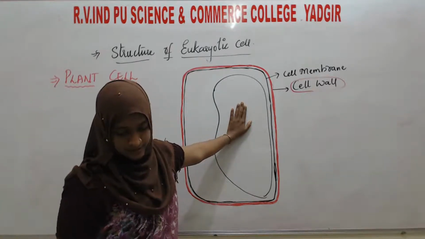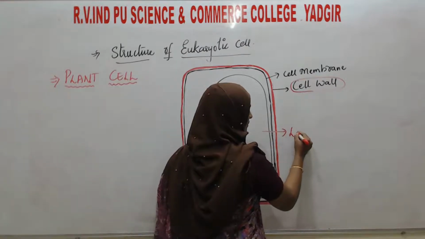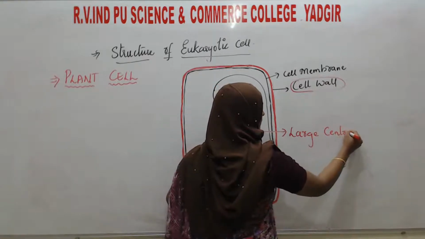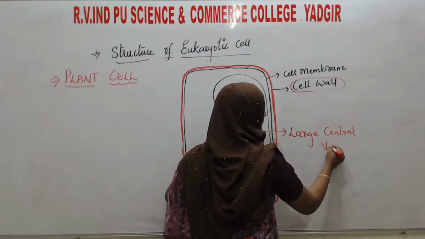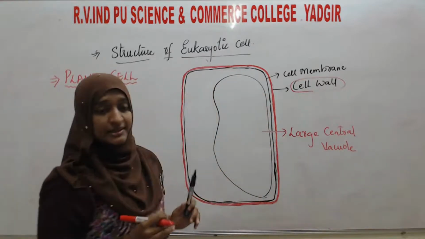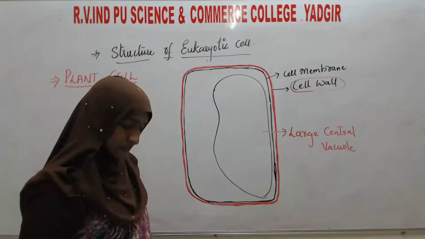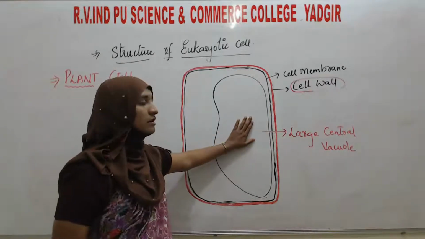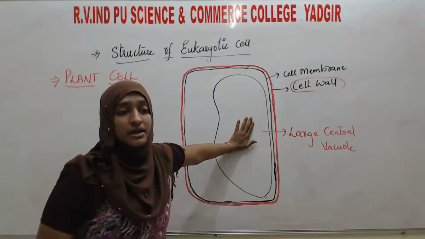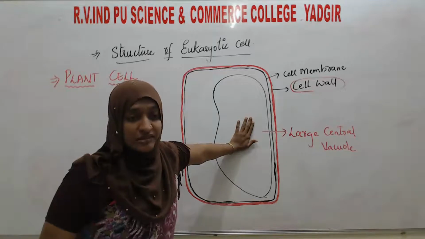Okay, so see here, this is the large central vacuole, which is present at the center of the cell, and this vacuole will store the food. Here it is occupying around 90% space of the cell.